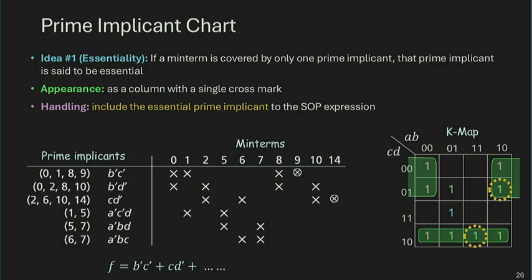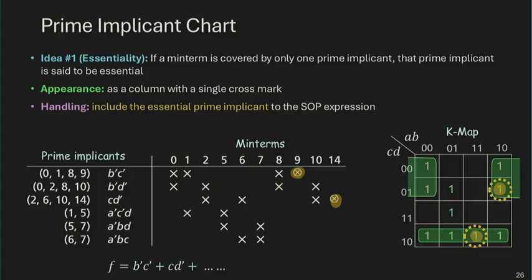And in this case, we have two essential prime implicants because minterm 9, which is 1001, is only covered by that implicant. And minterm 14, 1110, is only covered by that implicant. So essential primes will show up as a column, like a minterm, only covered by one implicant, and that implicant is said to be essential prime.